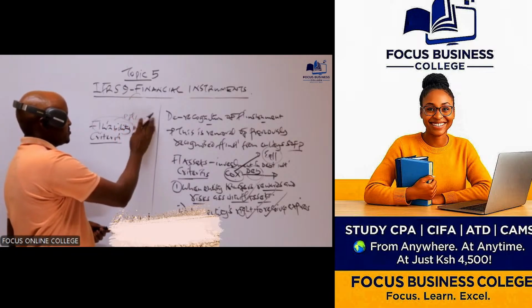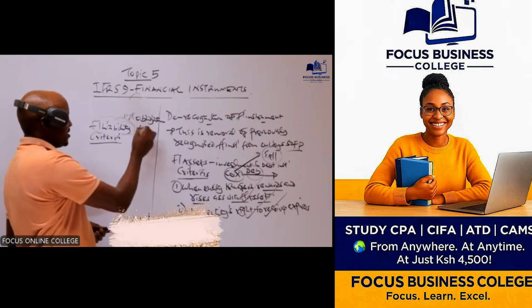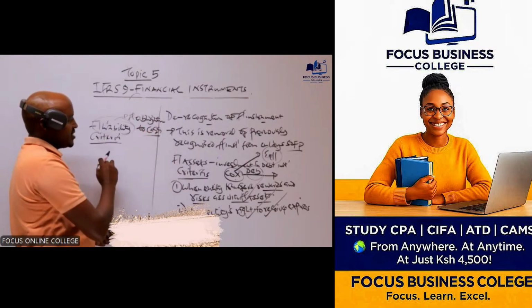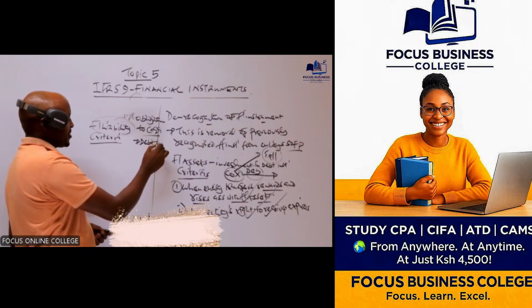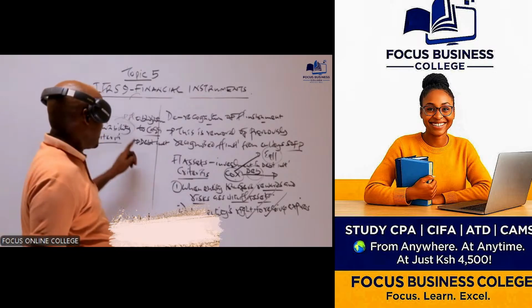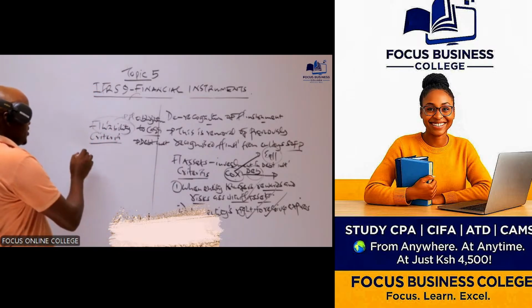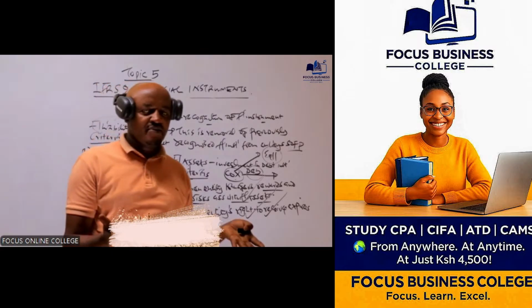Basically this arises whereby a company has issued some debt instrument. A debt instrument issued by the company is a financial liability. So when should financial liabilities be removed from the statement of financial position?